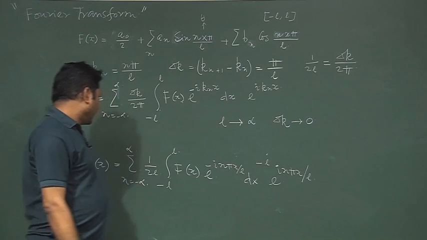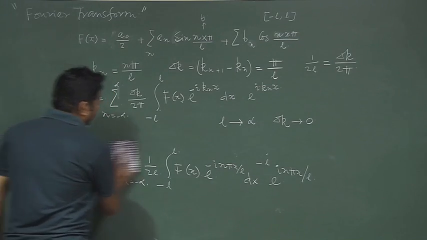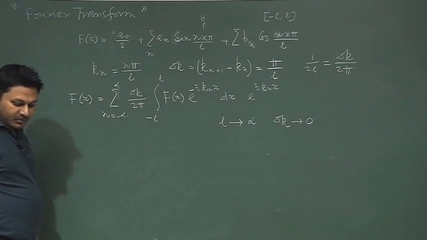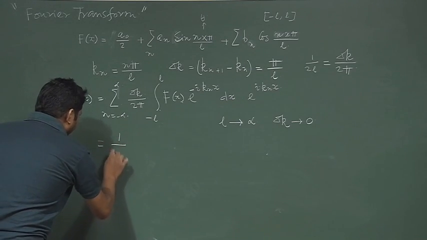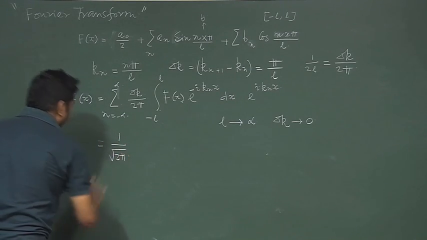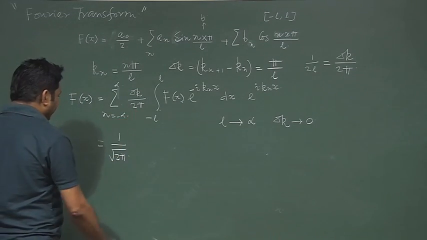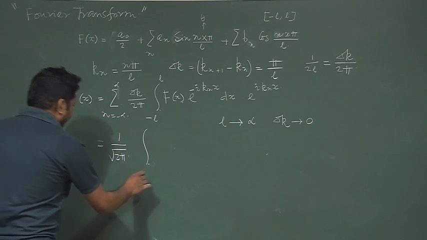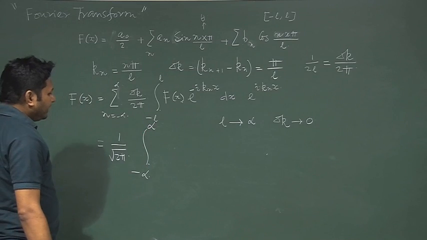So, that means I will now have a relationship in a modified form, and this modified form is something like, I can write this 2 pi into two different 2 pi, then minus infinity to infinity, because already the limit goes to infinity.